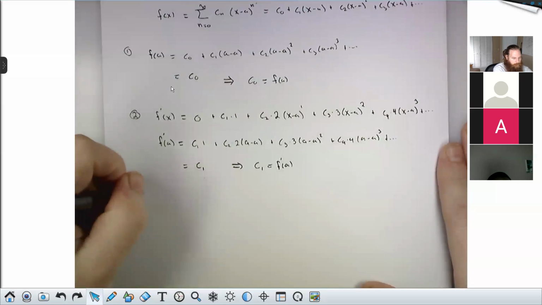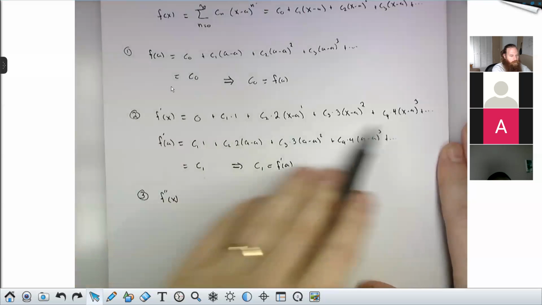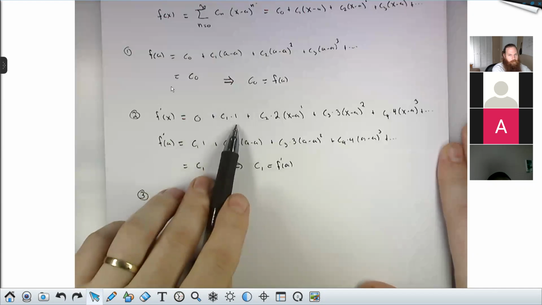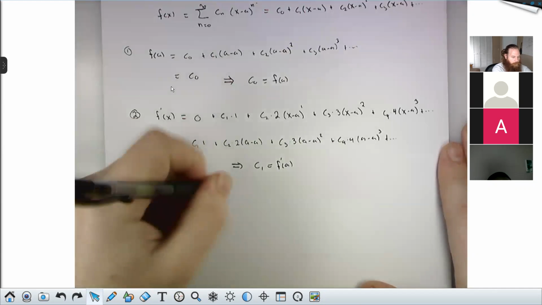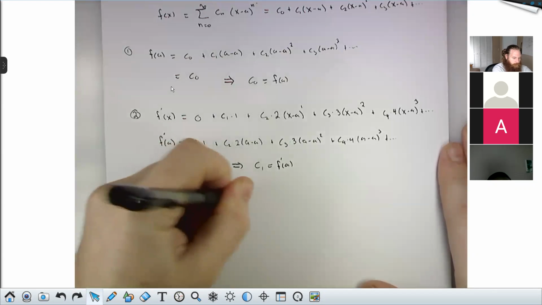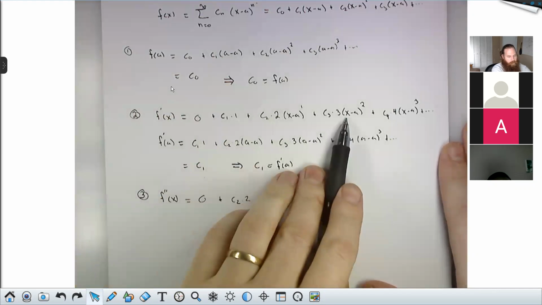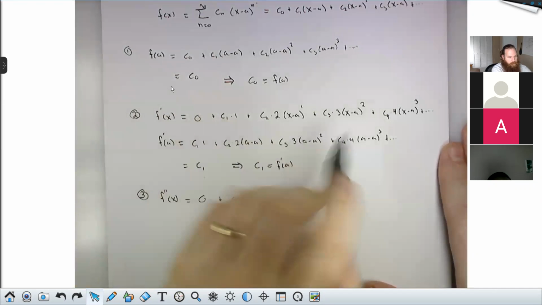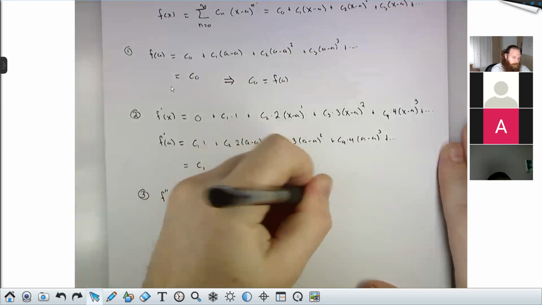If I want to go after the next coefficient, I differentiate again. f double primed of x. So now I'm differentiating this. This piece will differentiate to 0. This piece will differentiate to 0, plus C2 times 2, plus, when I differentiate this piece, I'll have C3 times 3, and then the derivative of x minus a squared is 2 times x minus a.